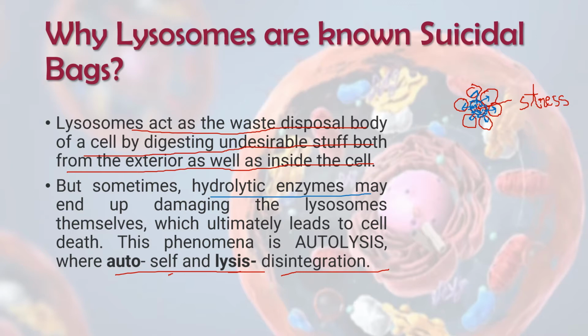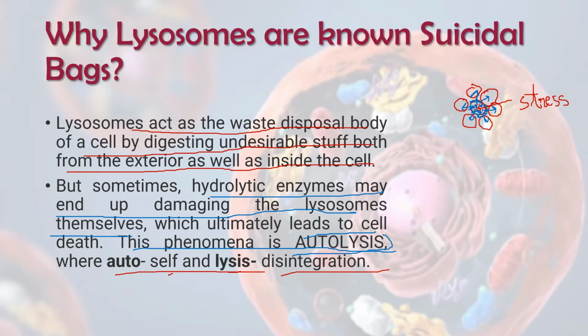So let's take a look once again. The hydrolytic enzymes may end up damaging the lysosomes themselves. If the cell is in stress condition, or is getting infected, the lysosomes burst out and release all their hydrolytic enzymes, which ultimately leads to cell death. This phenomenon is known as autolysis.